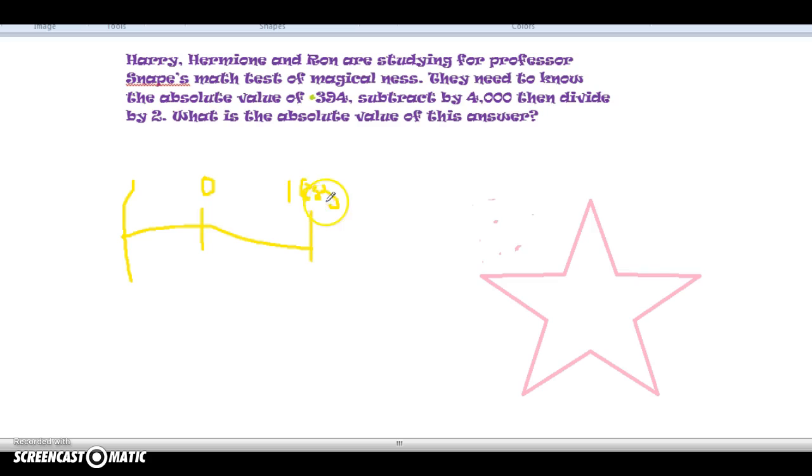But how many spaces is it away from 0? It would not be a negative number, so that is wrong. So it is 1,853 spaces away from 0 on the number line. So that is our answer.